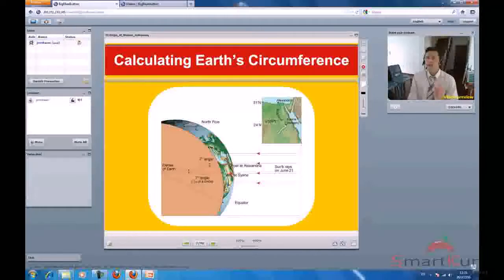And he actually did a really good job of doing it. He got to within about, I don't remember the exact figure, but he was only off by about 1 or 2%. He was very close.